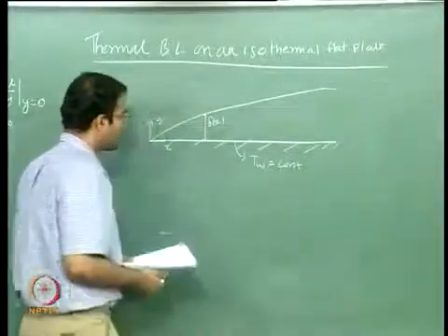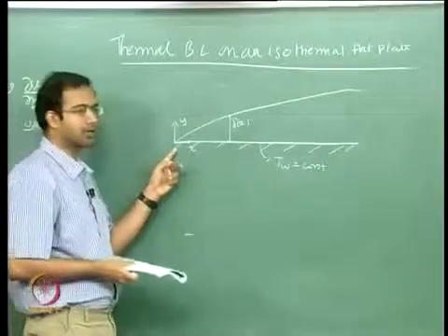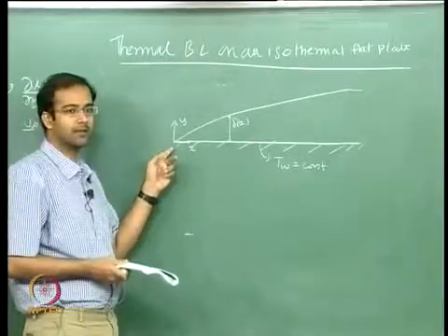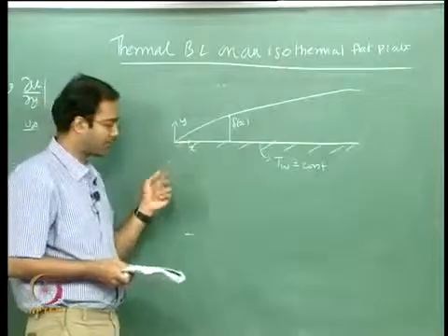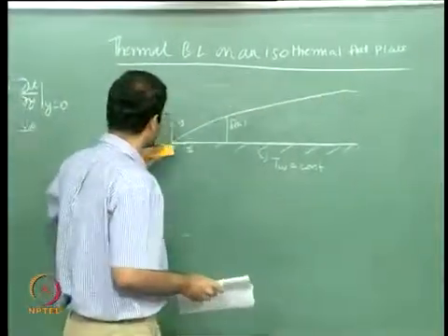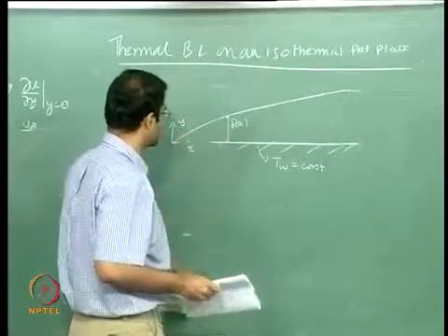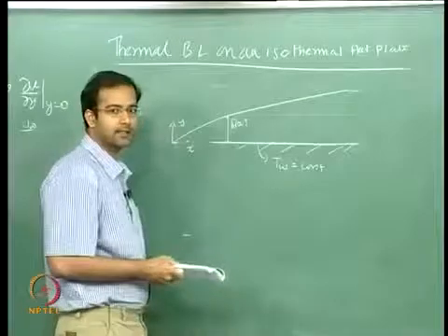Now when you apply this T wall is constant, it need not mean that you are heating all the way from the leading edge. Okay, so for a more generic case, you can actually not heat the initial portion. So this could be what is called the unheated starting length.